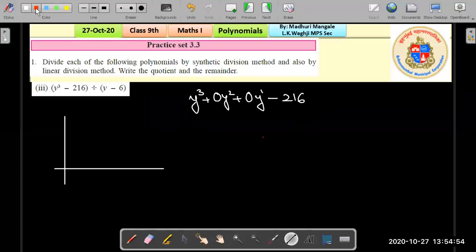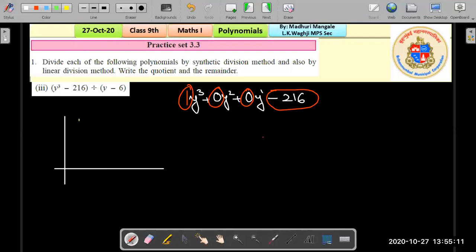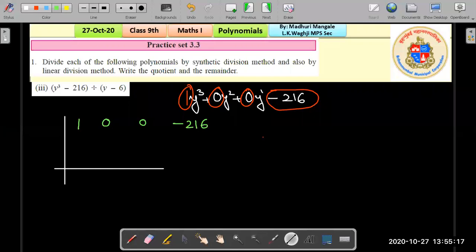So we write the coefficients. What are the coefficients? The coefficient here is nothing, that means it's a 1. It's 0 over here, 0 and minus 216. All right. So the coefficients are 1, 0, 0 and minus 216. Isn't that nice?